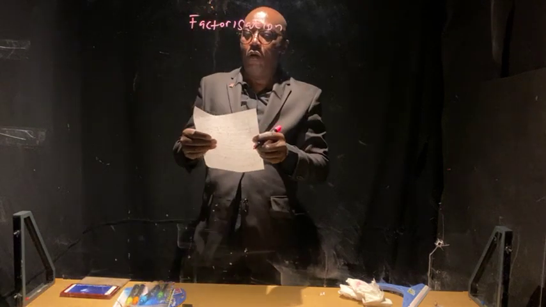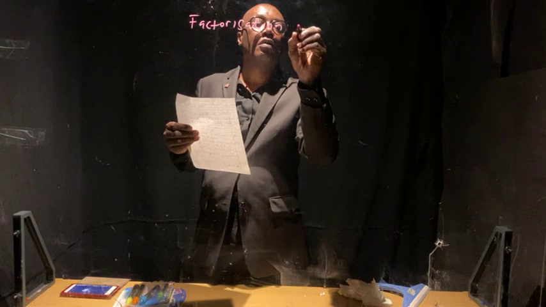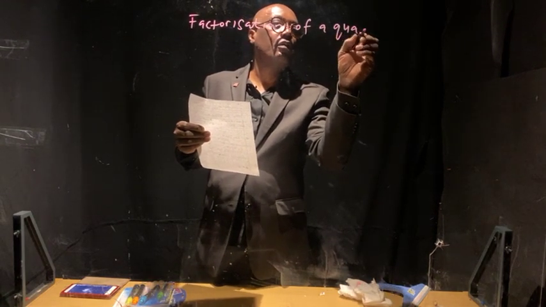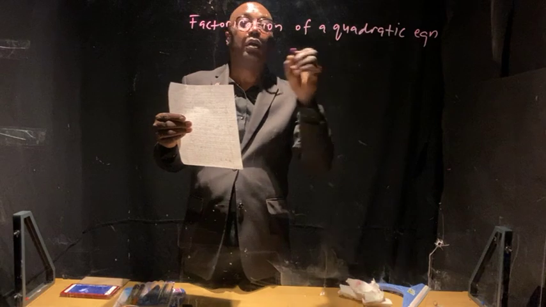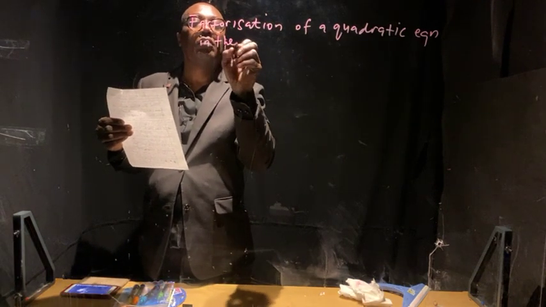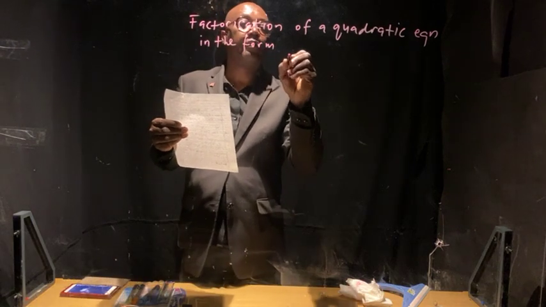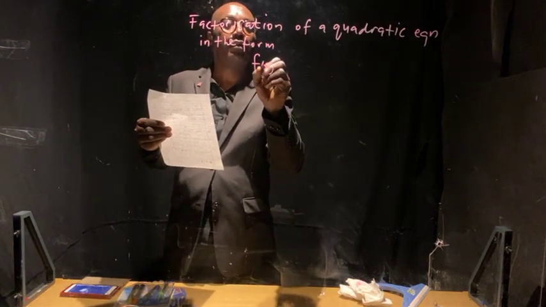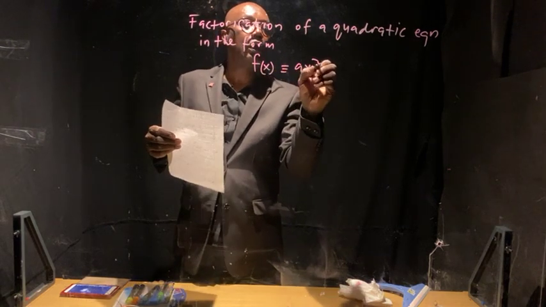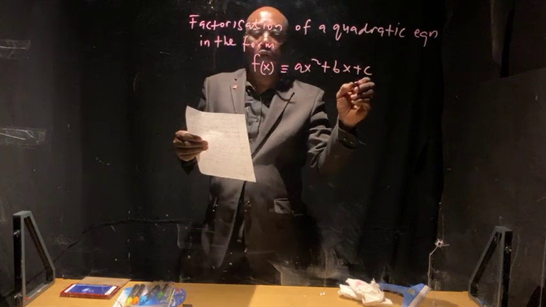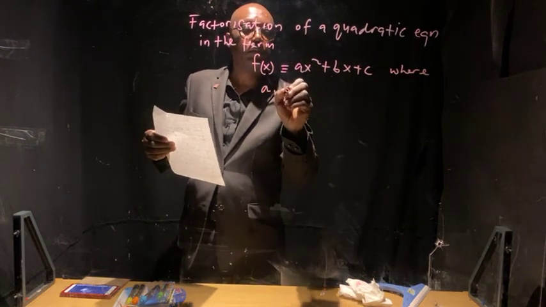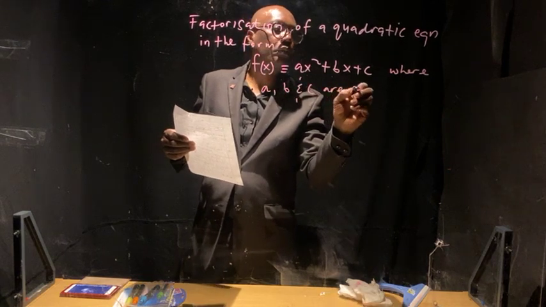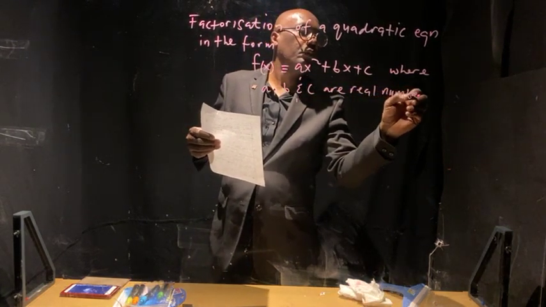Factorization of a quadratic equation in the form f of x is identical to ax squared plus bx plus c, where a, b, and c are real numbers. Good.